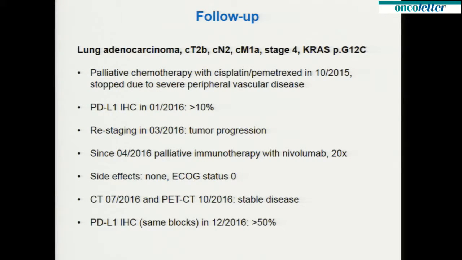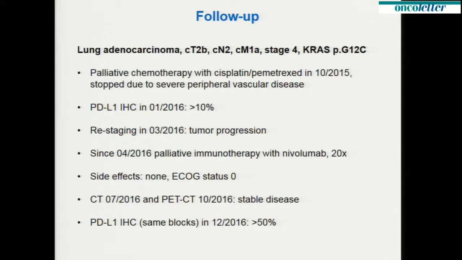Just to give you an idea about the follow-up: palliative chemo was first stopped due to side effects of peripheral vascular disease. I said PD-L1 is above 10% in January. Then there was tumor progression in March. And then, importantly, in April 2016, she obtained palliative immunotherapy with nivolumab, 20 times until now.